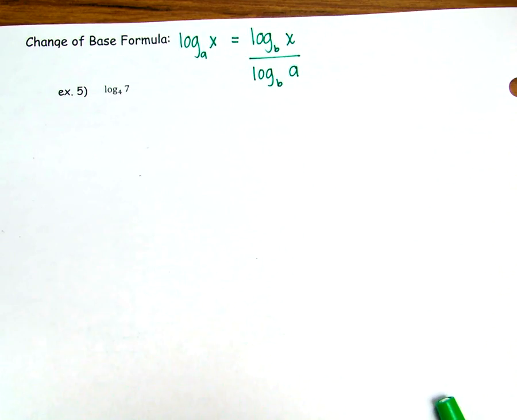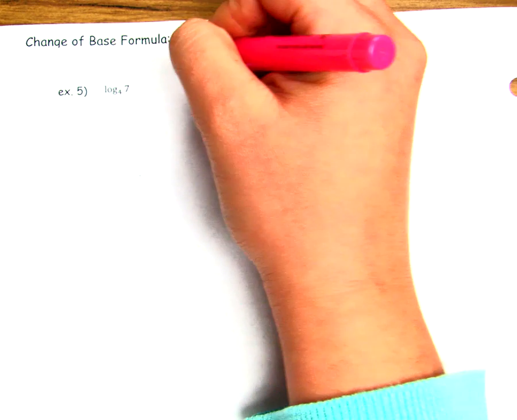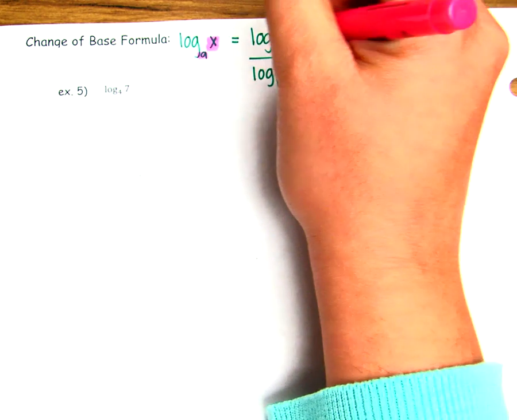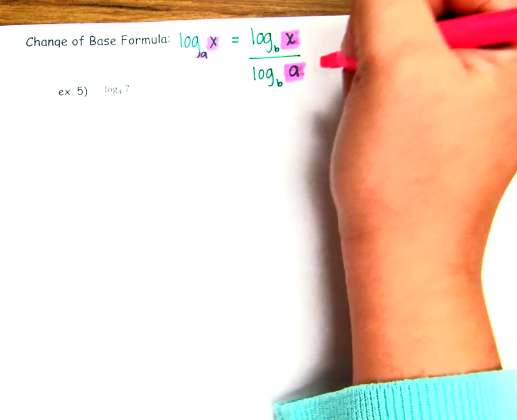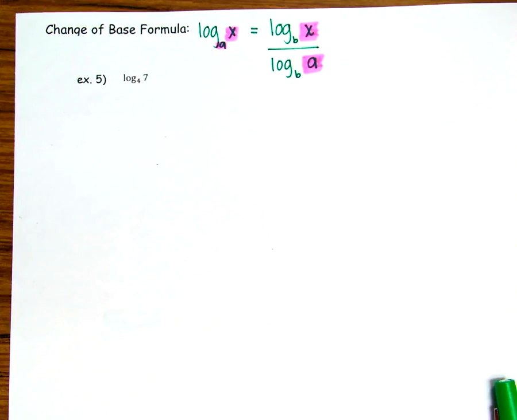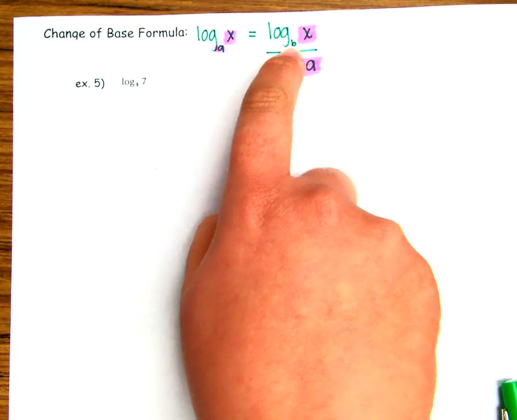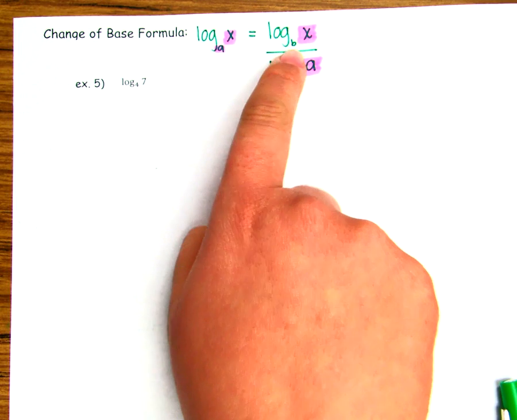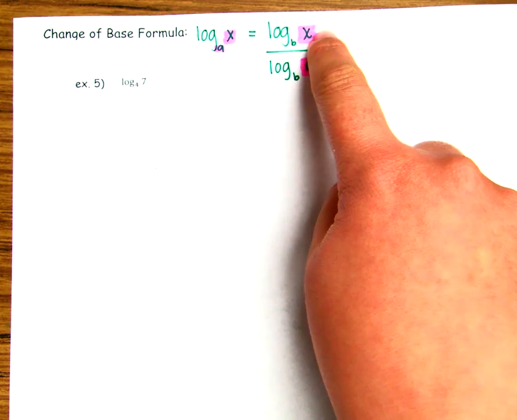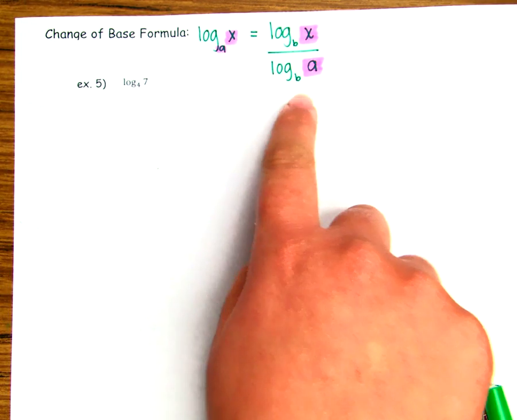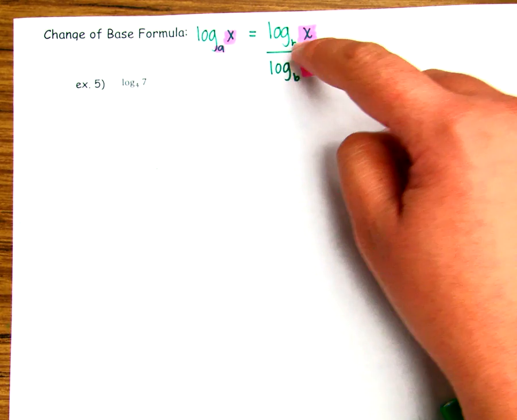So you'll notice that here is my a and x, and here's my x and my a. All I did is rewrite it so that I have log of any base I want, preferably 10. So I could do log base 10 of the big number x over log base 10 of the little number. And like I said, b can be anything.